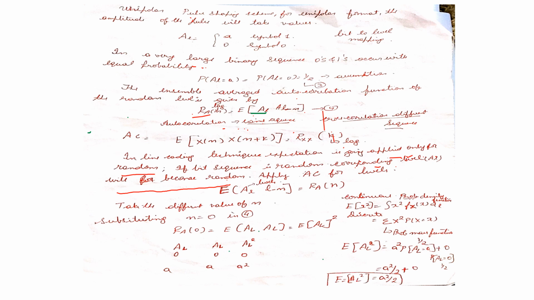So for that you need to extract the autocorrelation of the bit streams. That is the expectation of A_l into A_(l-n), so that is equal to R_A of n.